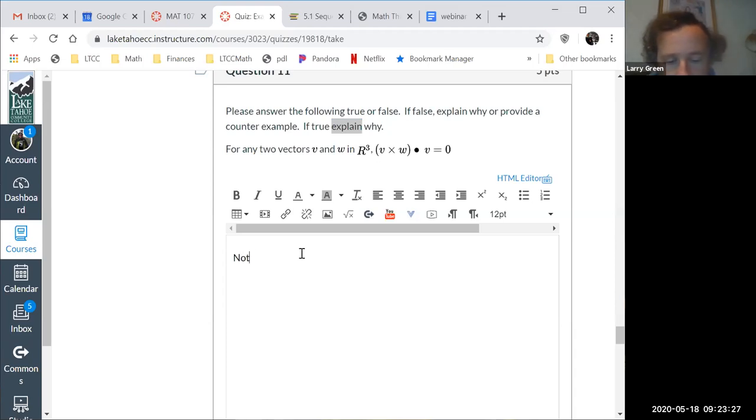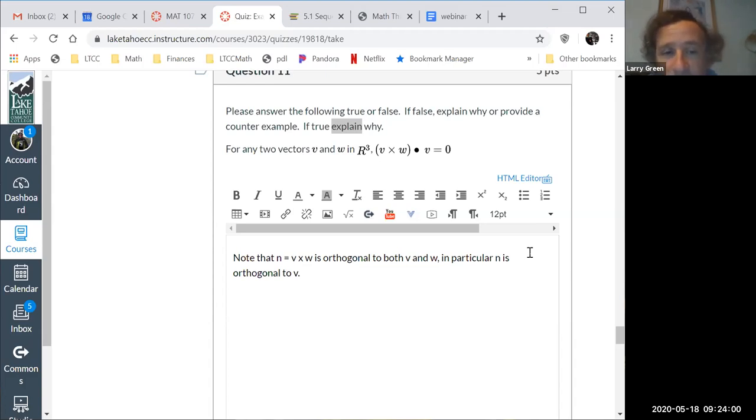Note that v cross w is orthogonal to both v and w. In particular, let's call this n, it's a typical letter for that. n is orthogonal to v, right? If it's orthogonal to both, it's orthogonal to v. That's all we care about.